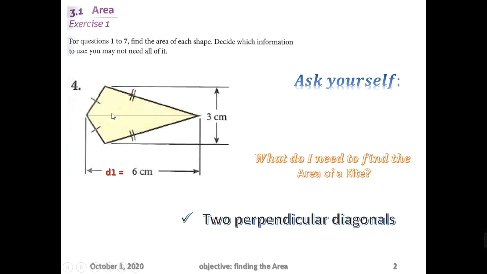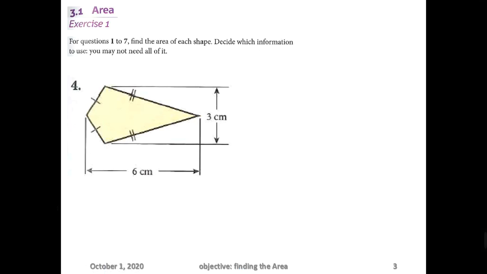So this is the horizontal diagonal, or we can call it D1, and this point, this is the opposite point to it, and if we connect between them, this is the vertical diagonal or diagonal 2.